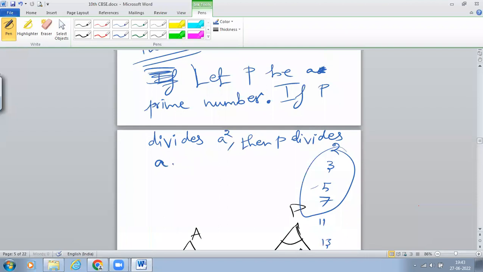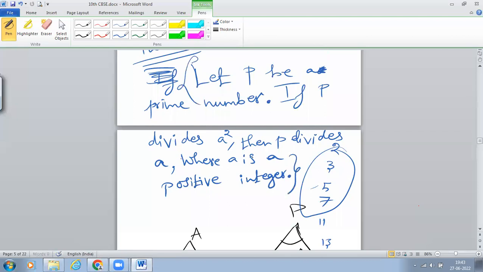Where A is a positive integer. Now I will explain this theorem. Please write this theorem in your notes.